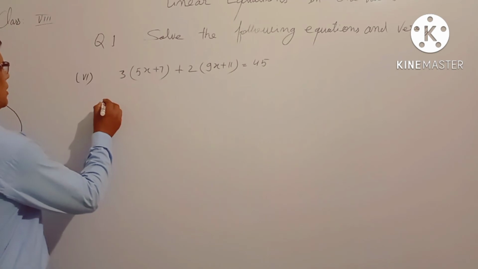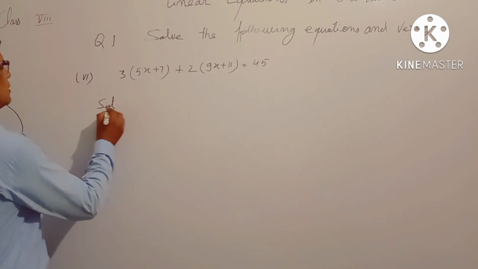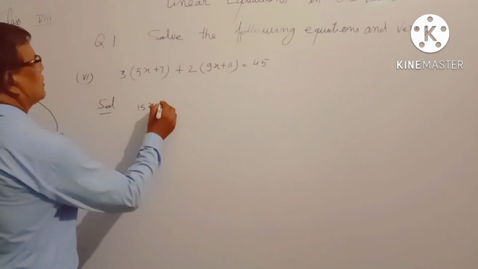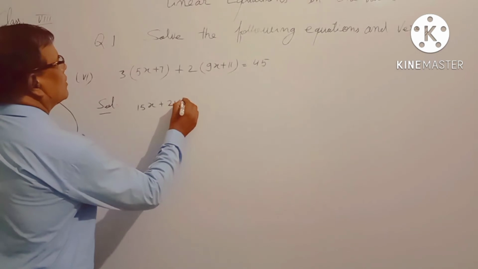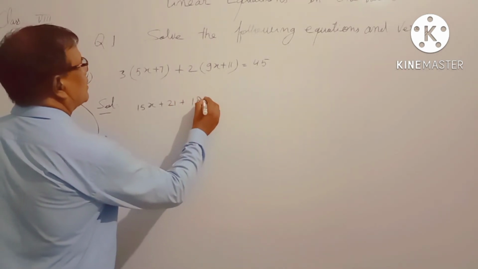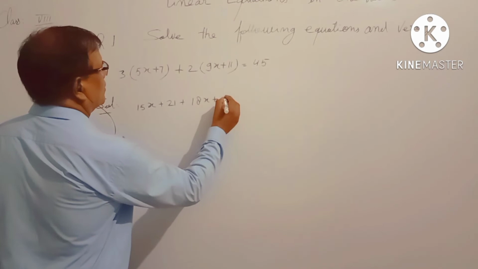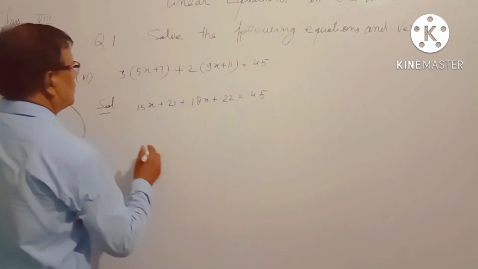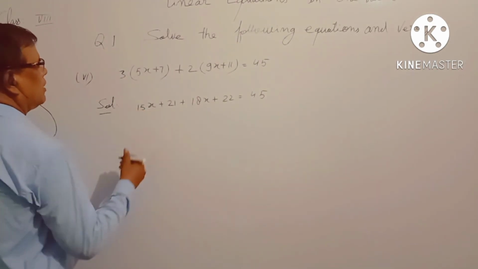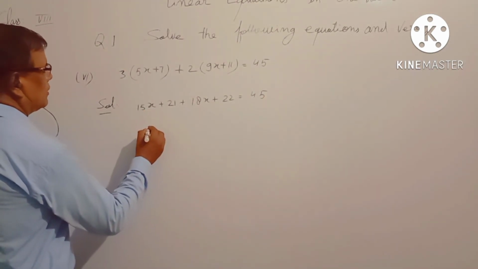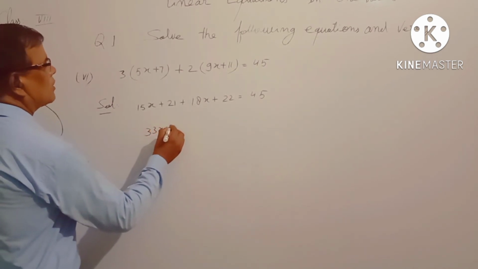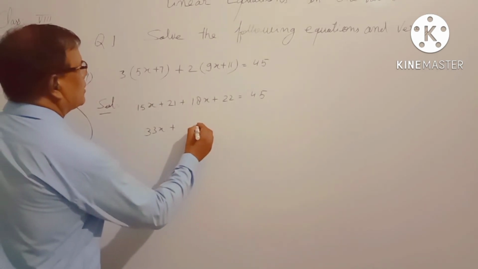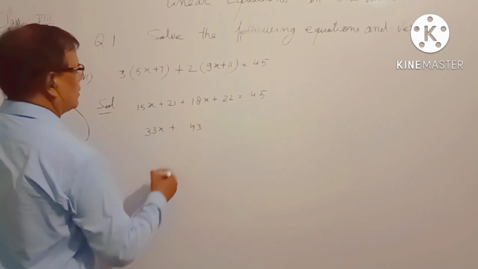As we break the bracket, solution of this one is 3 5 the 15, 15x plus 3 7 the 21 plus 2 9 the 18x plus 2 11 the 22 equal to 45. Now we see here 15 and 18, it is 33x.